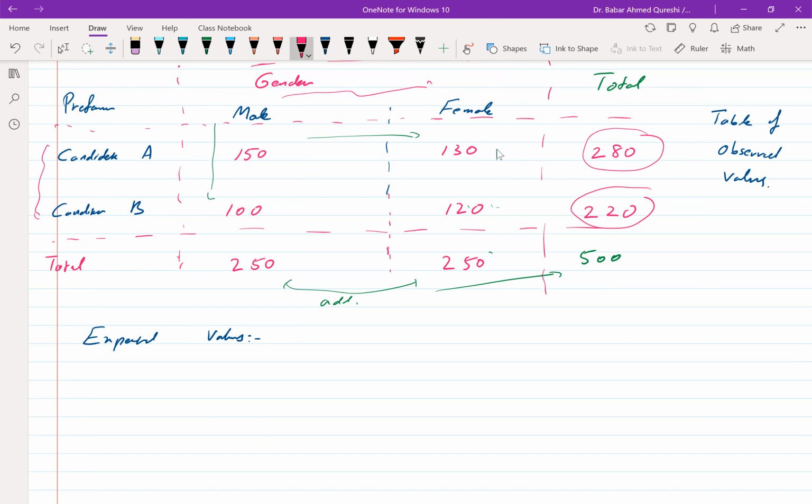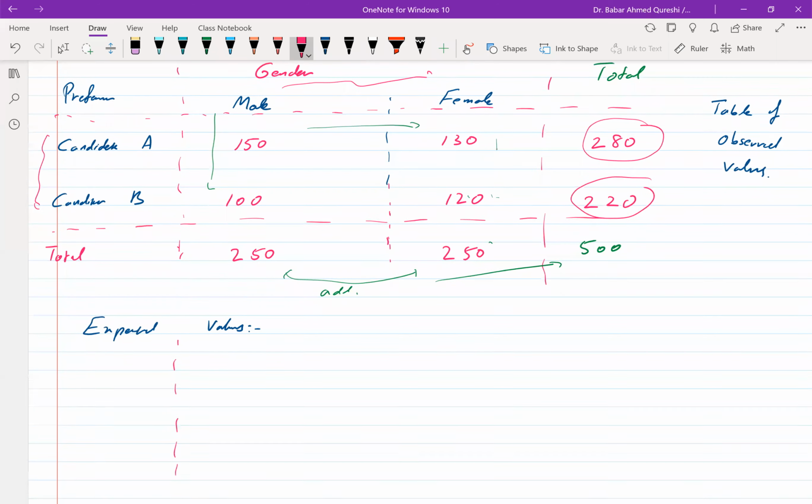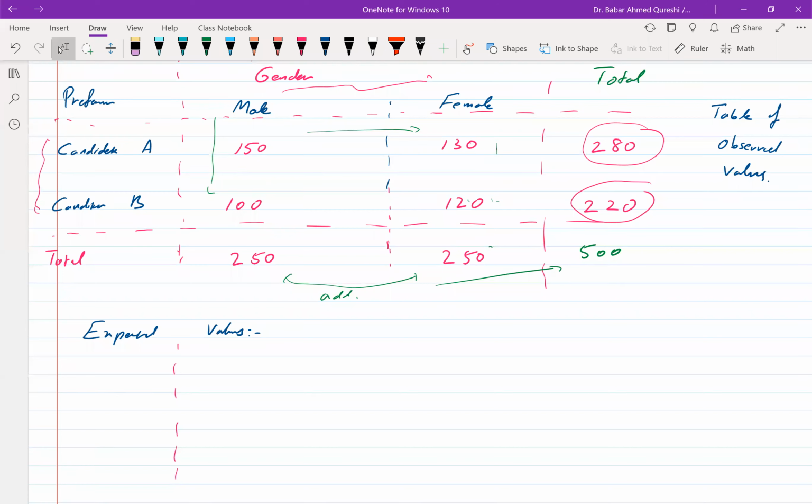For that table, I have to compute what values I was expecting to come up in this table. Here I have males, females.